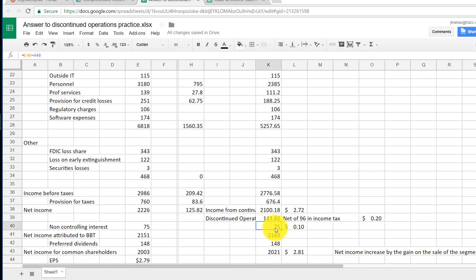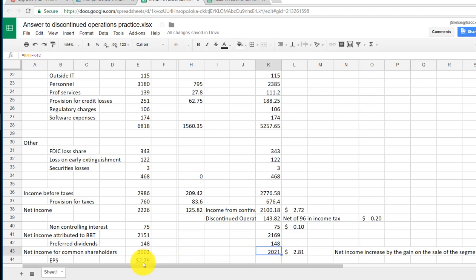We do the same thing with the non-controlling interest, which now has an earnings per share calculation. Net income attributable to BBT, we subtract out the preferred dividends, and then we divide by the number of shares outstanding one more time to get the 281.